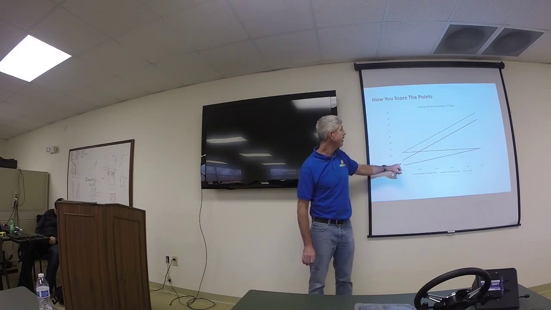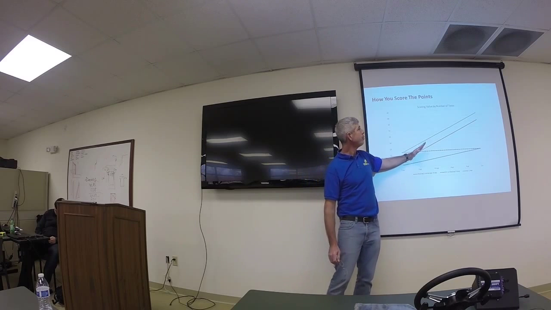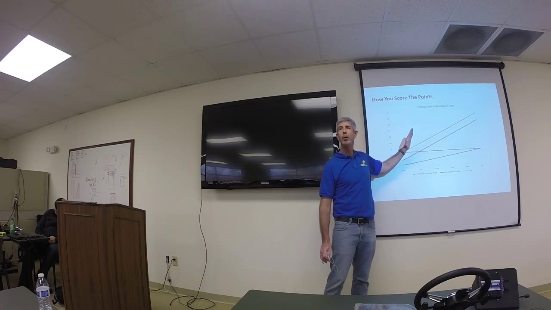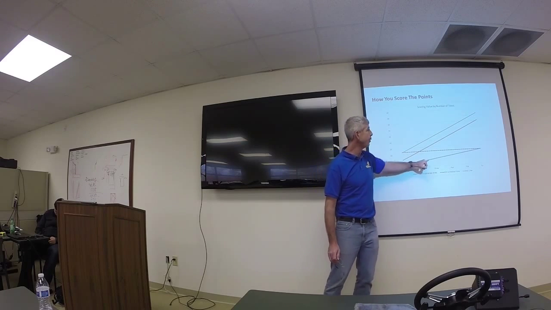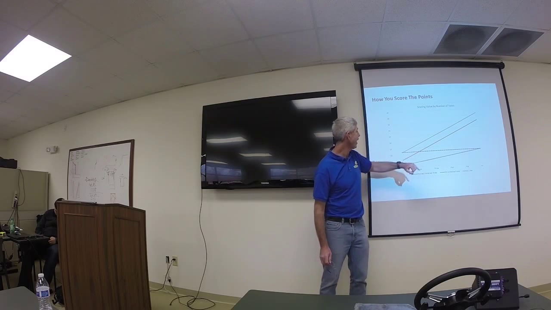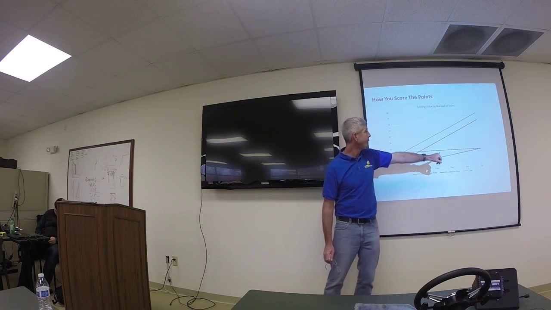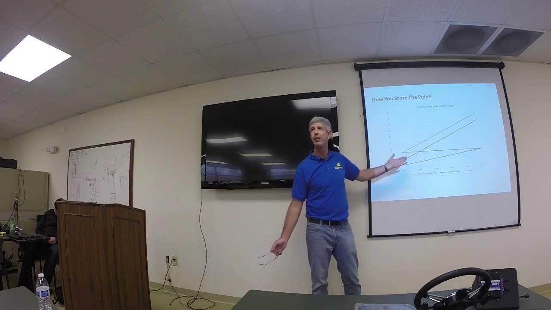But what you can see is the value of the bin on the top gives you more points. It's a steeper line. So every tote is worth so much more than if you're just doing totes without the bin. As a matter of fact, I drew this dotted line just to show you that if you were to get 6 totes in the scoring area, it's the same as 1 tote, a bin, and a litter.